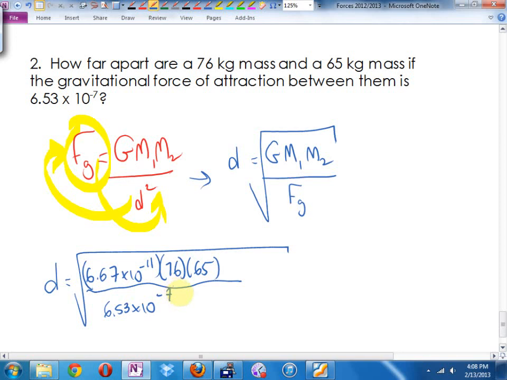I just don't know, why are we square rooting? Look, what did I circle? Look at the screen. I want to square root both sides. I got d squared by itself, so how do I get rid of a squared? Square root. Okay, I just didn't see the square root. It's okay.